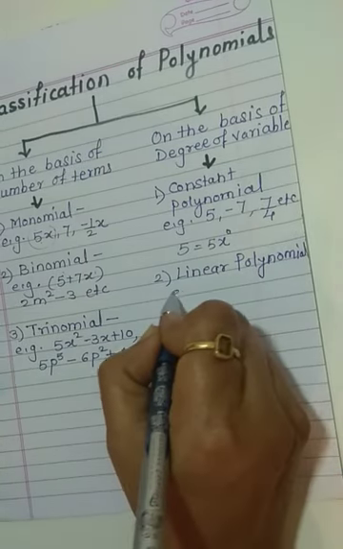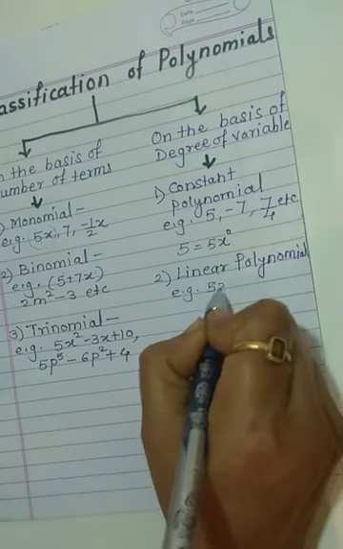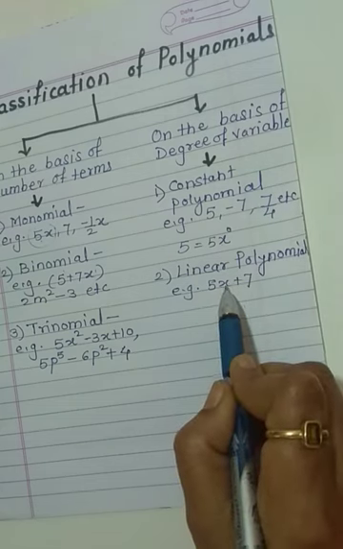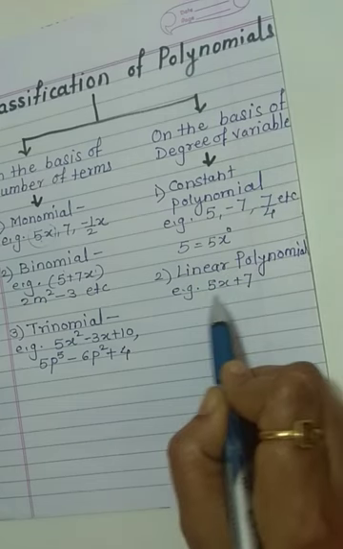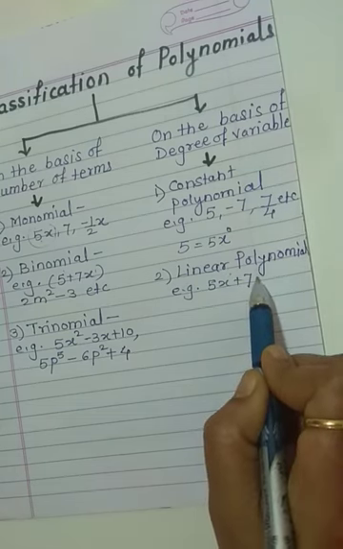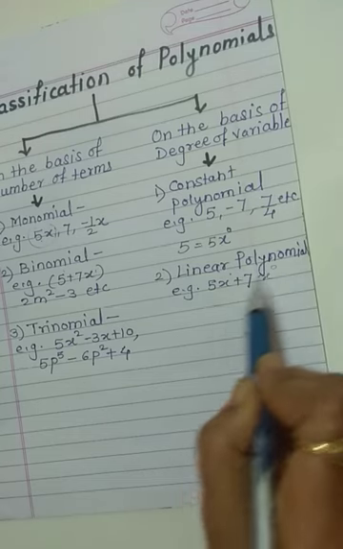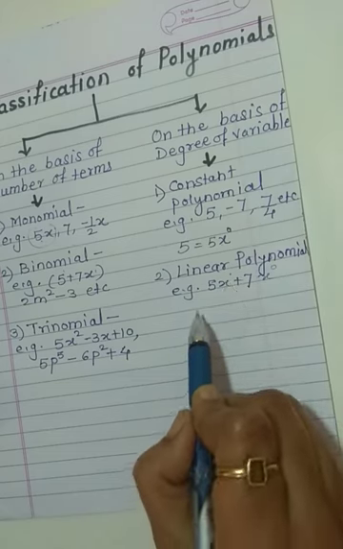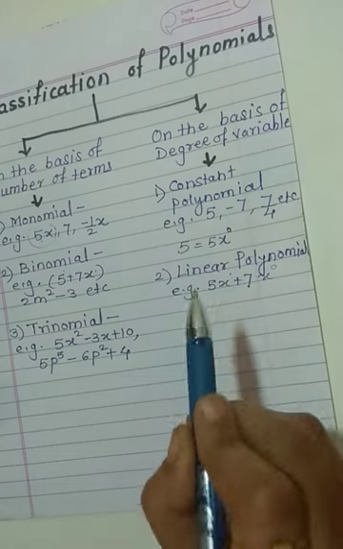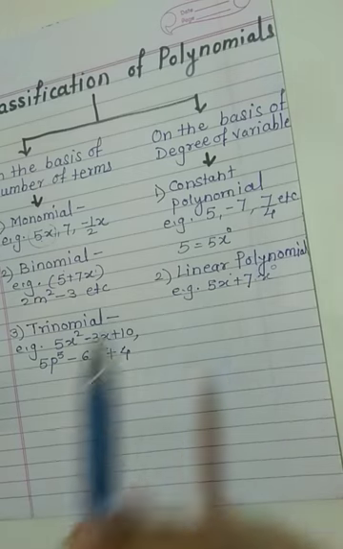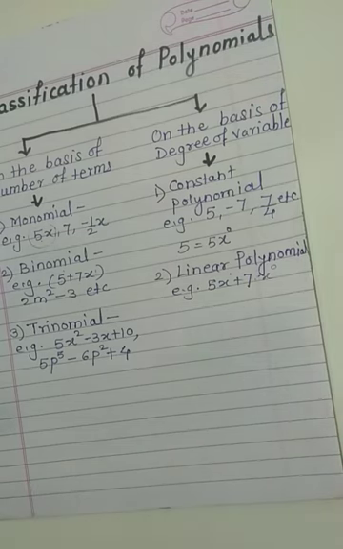For example, 5x plus 7 is a linear polynomial in variable x, as here the power of variable x in the first term is 1 and the power of variable x in the second term is 0, and therefore the highest power is 1 here, and therefore it is known as the degree 1. This is the polynomial of degree 1 and therefore it is known as the linear polynomial.